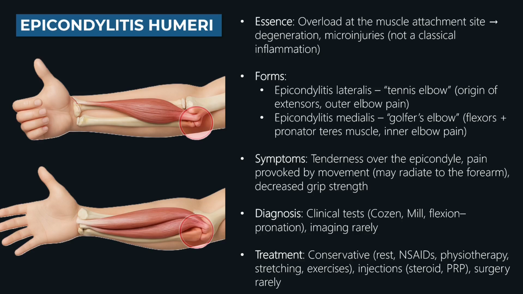If symptoms persist, injection therapy may be considered, short-acting corticosteroids or platelet-rich plasma. Surgery is rarely indicated, only if conservative measures over several months bring no improvement. The key point: this is an overuse-induced tendon origin injury, with characteristic provoking maneuvers and well-targeted physical tests. With consistent load reduction and guided exercise therapy, most cases heal well.